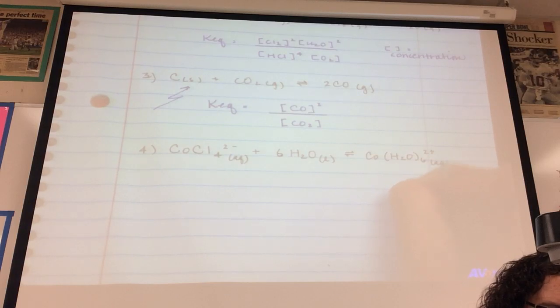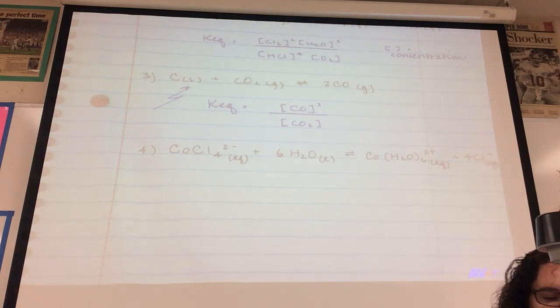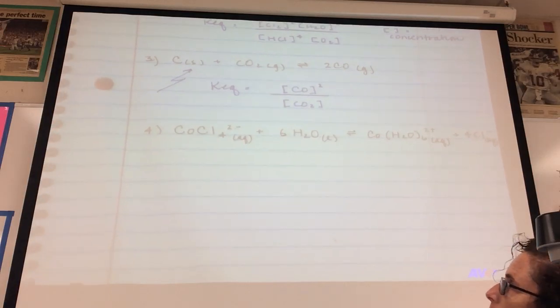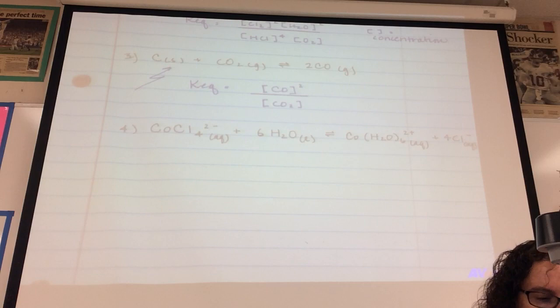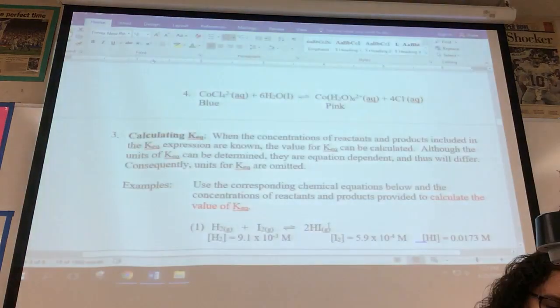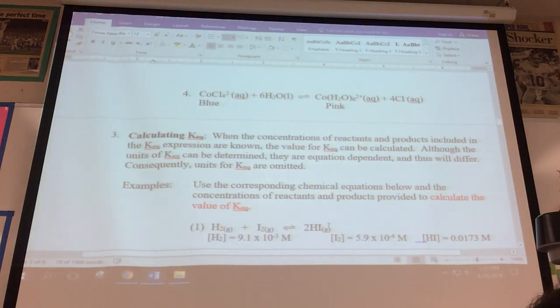And when you have an ion, you have an aqueous substance. So take a minute to write the KEQ expression for that one. It's at the top of the screen. And let's see if you did this one correctly.